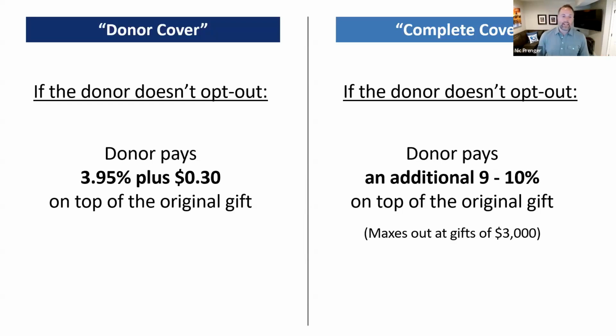So you can see now why Blackbaud is willing to tell you we'll cover all the transaction fees, because they're putting in front of donors a much higher 9 to 10% fee, but it's not labeled a transaction fee. I assume they know that some people will say yes, I'll pay that. Many more will probably say I'm not going to pay that, and they're going to net out the difference. So donor cover is 3.95% plus 30 cents. Complete cover is going to be 9 to 10%.